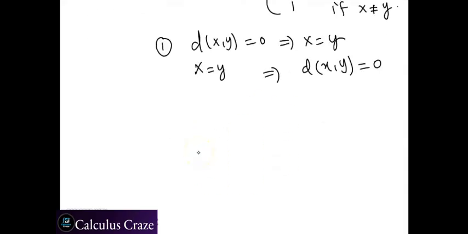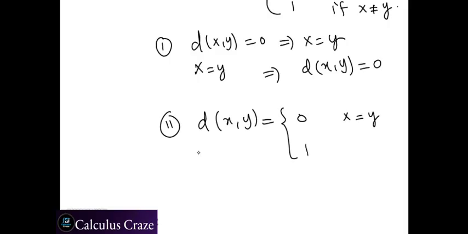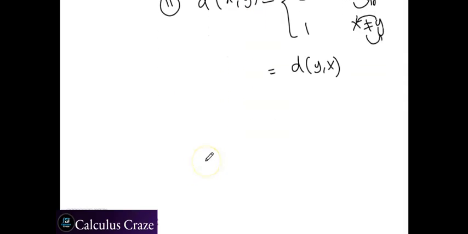The second is the distance of x and y, which is 0 if x is y and 1 if x is not y. You just change the order, take y this side and x this side, so you will have the distance between y and x. That's not a big deal.